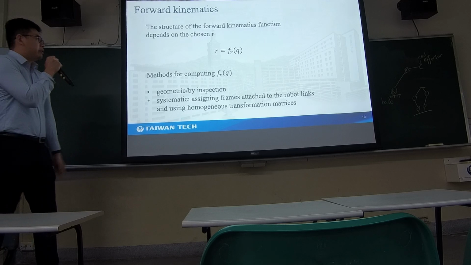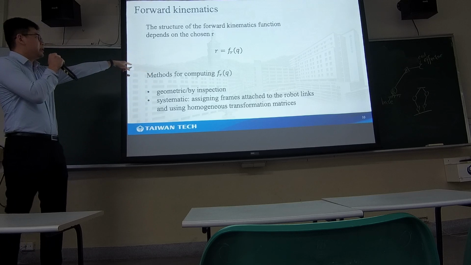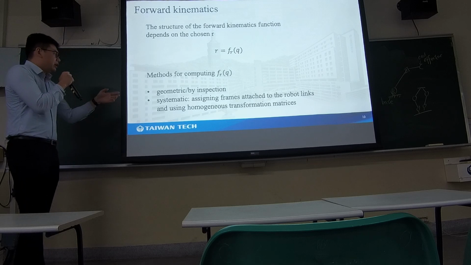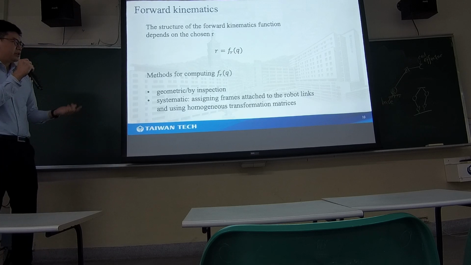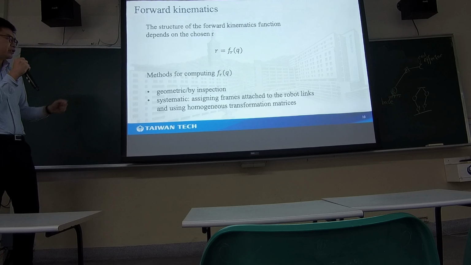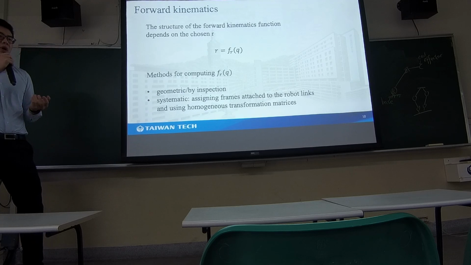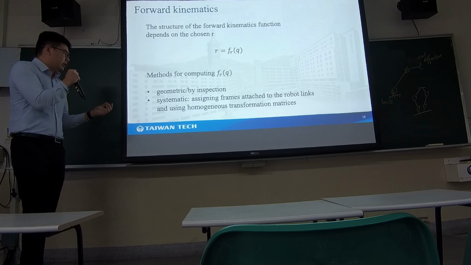The structure of the forward kinematic function is like this, and it depends on how you choose the R you like. We have two methods to calculate this function. The first one is geometric, or you can call it by inspection, and we'll try it on the next page.